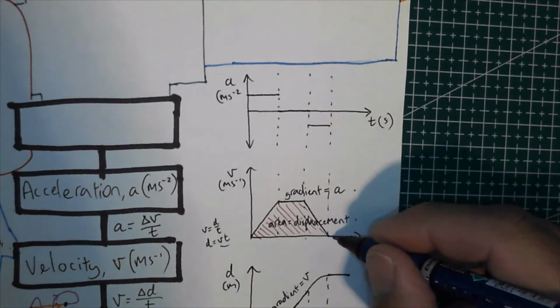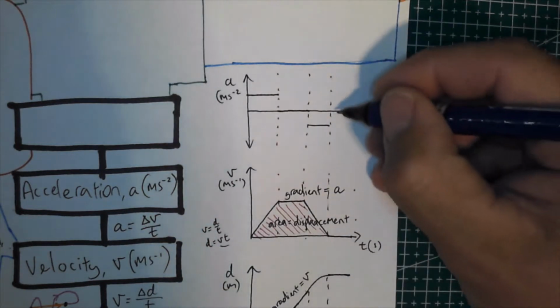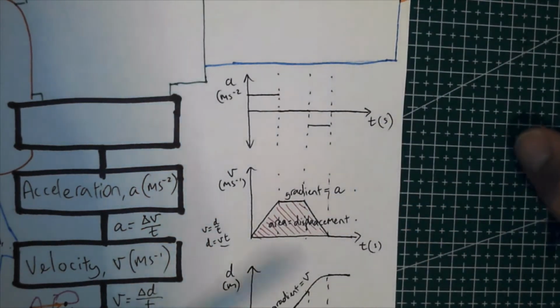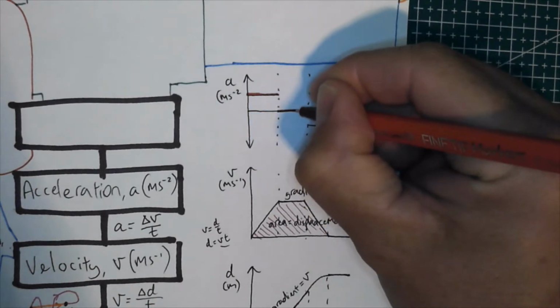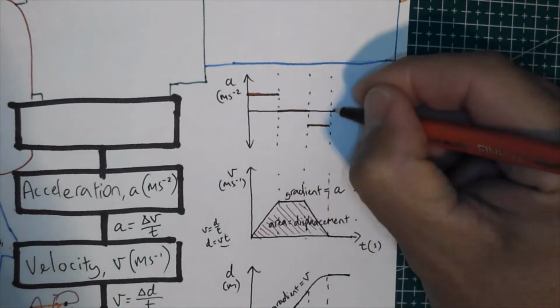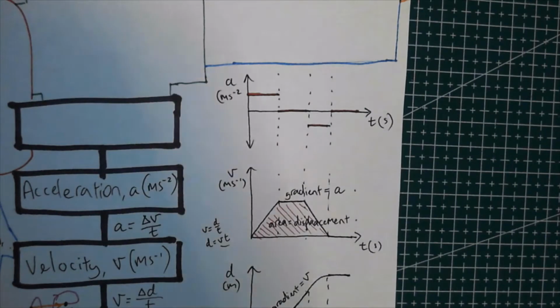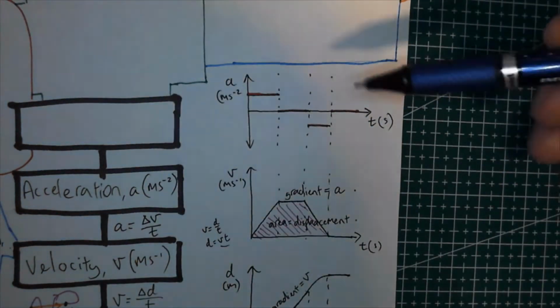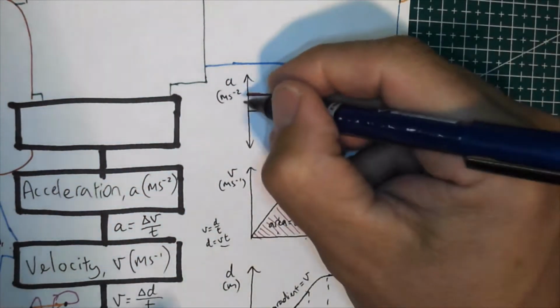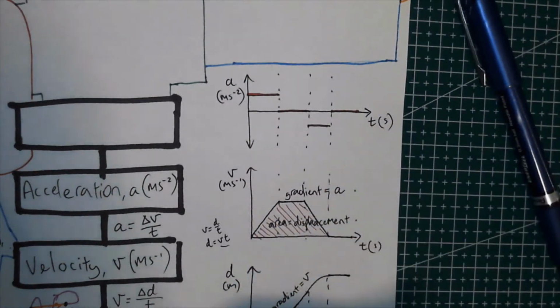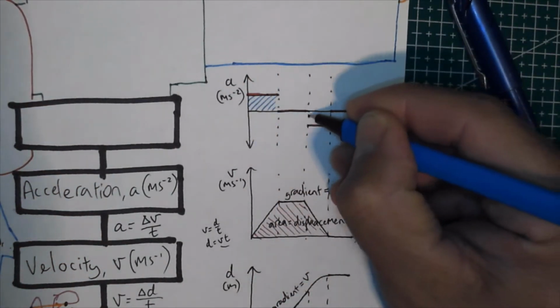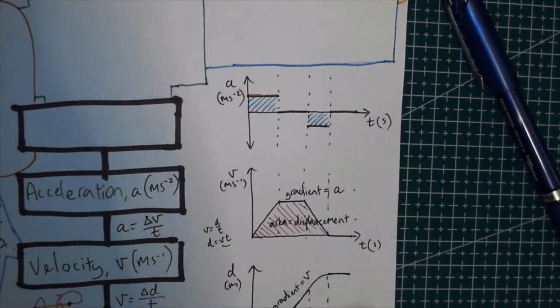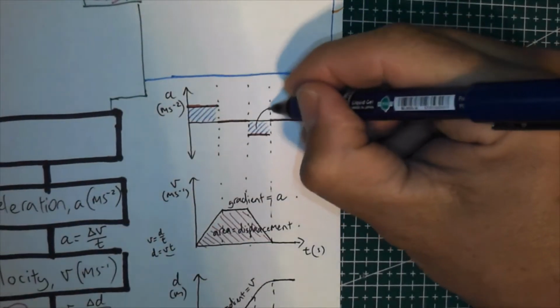And then the final section here, we have no gradient, so we have no acceleration. So you can always link these three different types of graph together, and on the acceleration time graph up here, the area under the acceleration time graph is equal to the velocity.